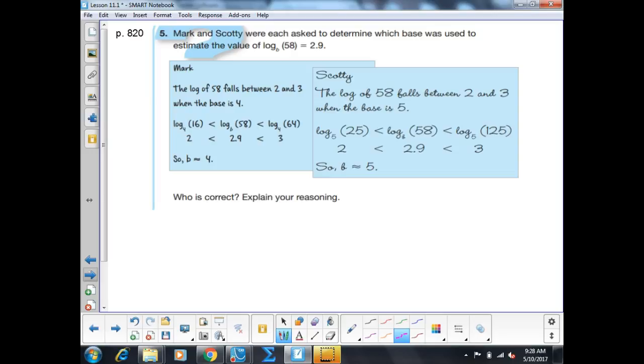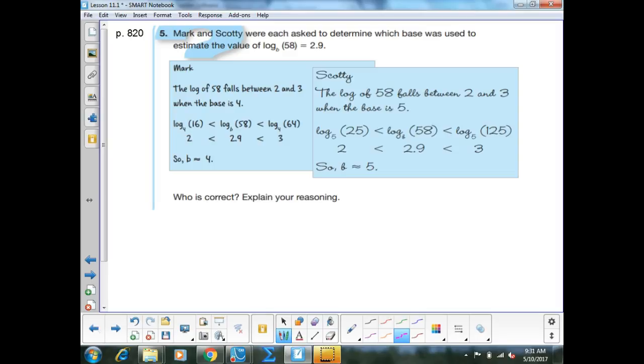Scotty said the log of 58 falls between 2 and 3 when the base is 5, so the base has to be 5. My question for you and somebody near you is, who's right, who's wrong, with an explanation? Go. Who's right?